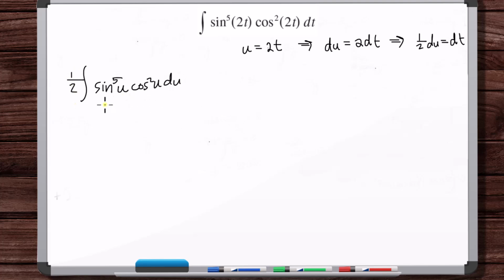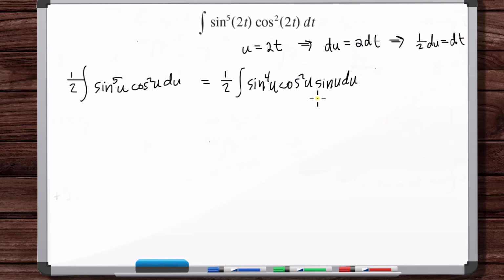Okay? So now we just have a regular trigonometric integral, and we look and see we have one of these is odd. It wouldn't matter if both are even, but the easier standard way of solving these is when you have a power of a sine or a cosine that's odd. And so what you do is, because you have one that's odd, you take out a sine here, and you get sine to the 4th of u, cosine squared of u, sine u, du.